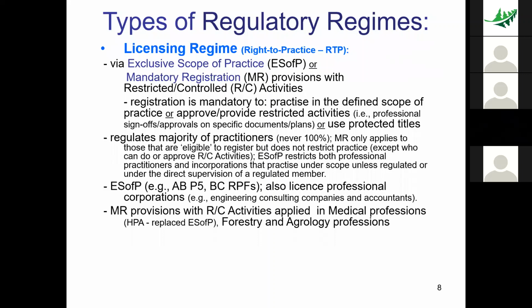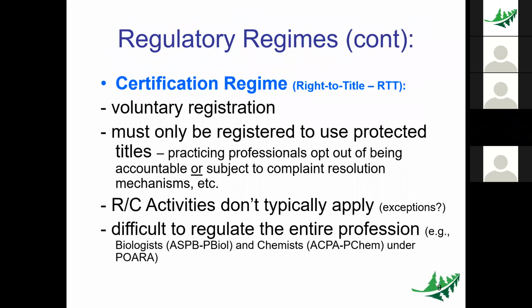Okay. Now the lower form of regulation is the certification regime, right to title, and that is purely anybody wanting to use protected titles, like a P.Biol or a P.Chem. They fall under POARA. Those people will register to use that title.